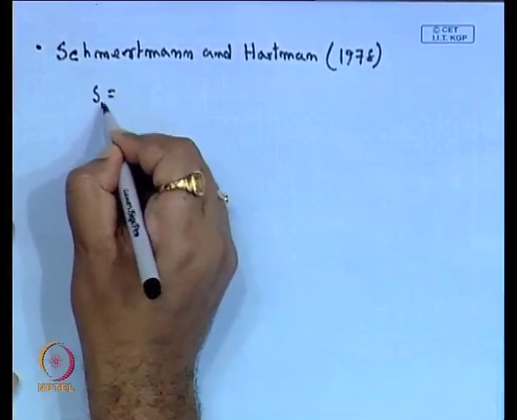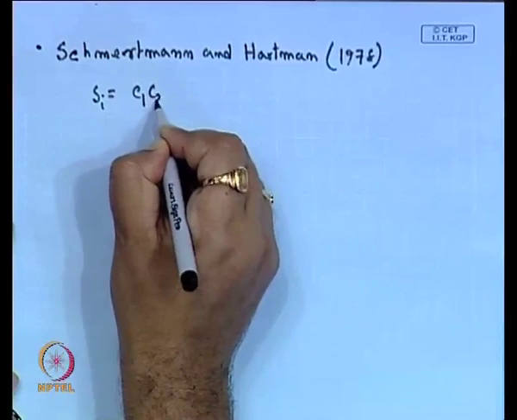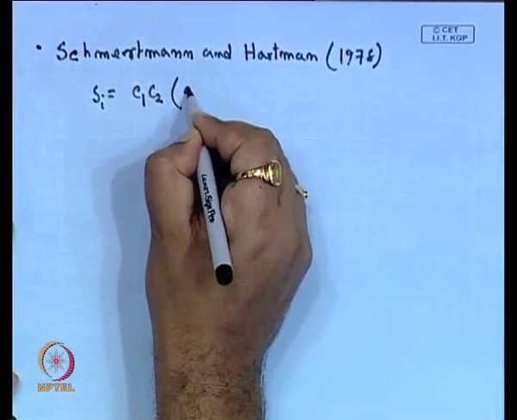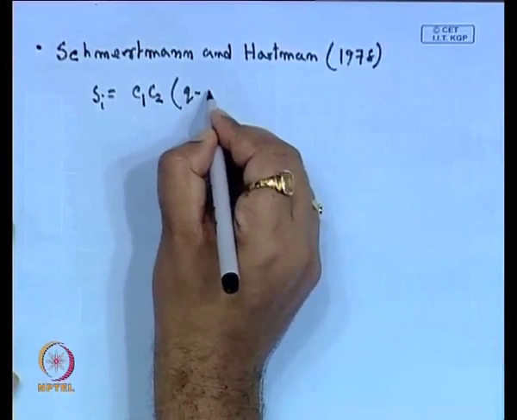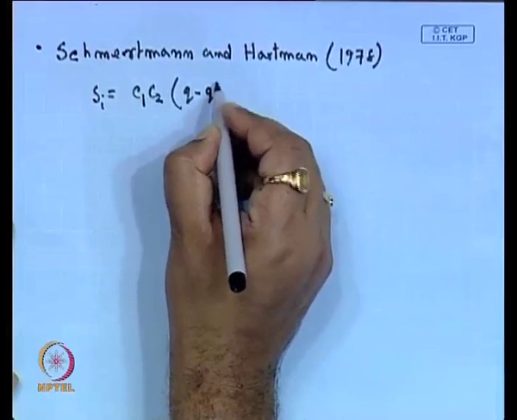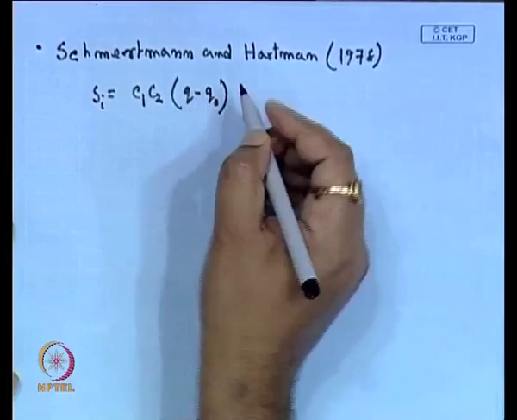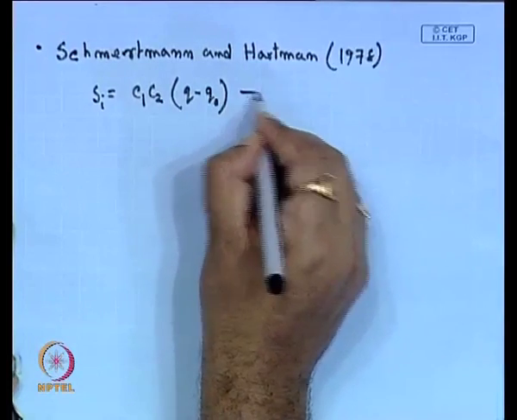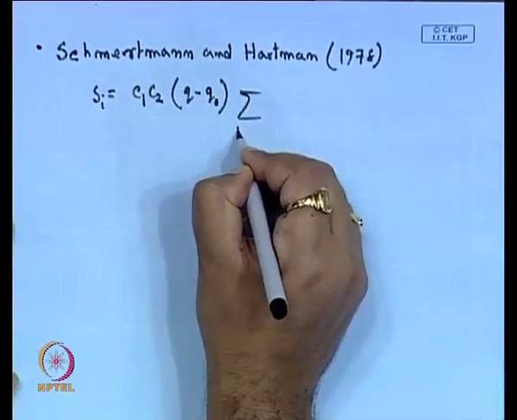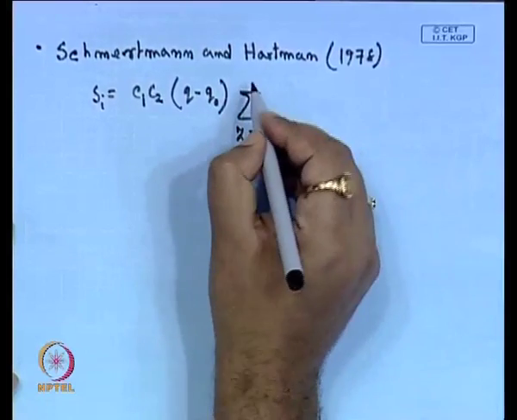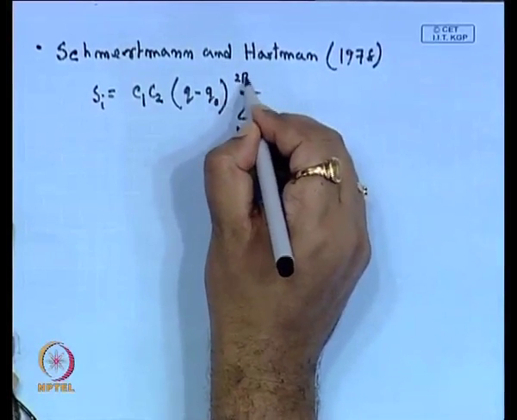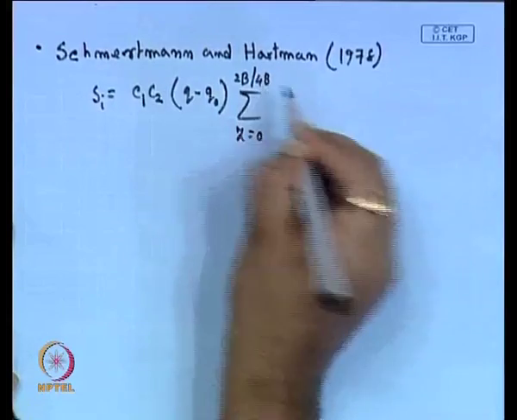Here we get the settlement by C 1 into C 2 into (Q minus Q 0) at the footing base, times the summation of I Z by E into del Z, for Z equal to 0 to 2B or 4B.